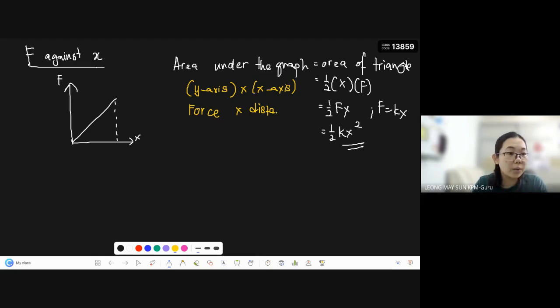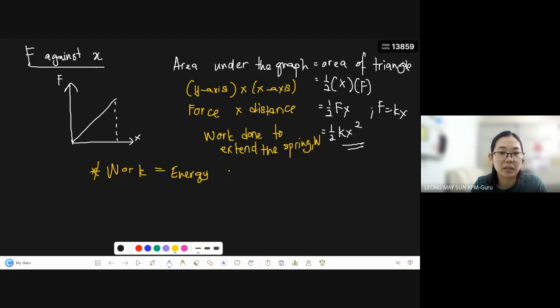And also because work and energy can always be interchanged, therefore the area under the graph is also the elastic potential energy. So the work done on the spring is also equivalent to the elastic potential energy.